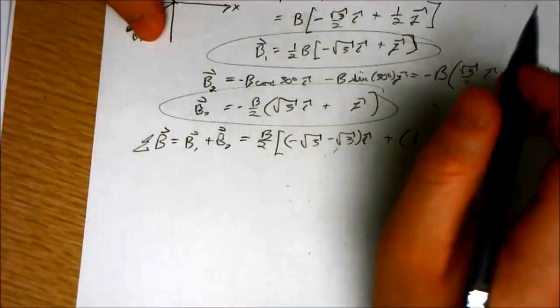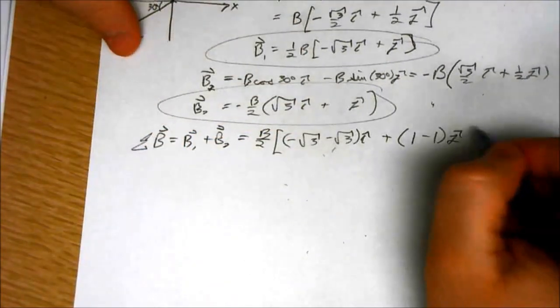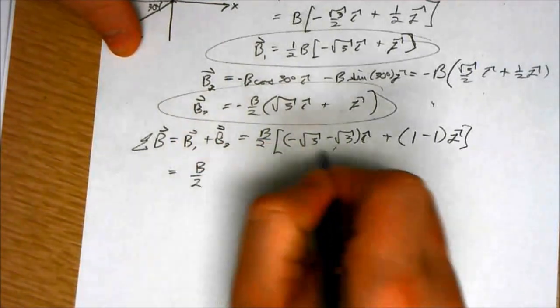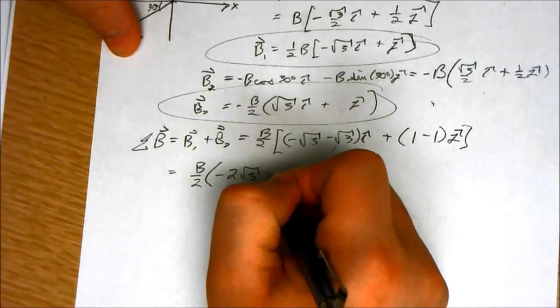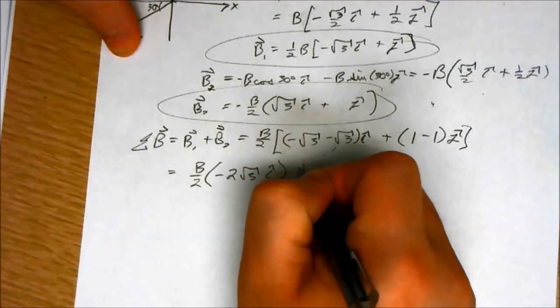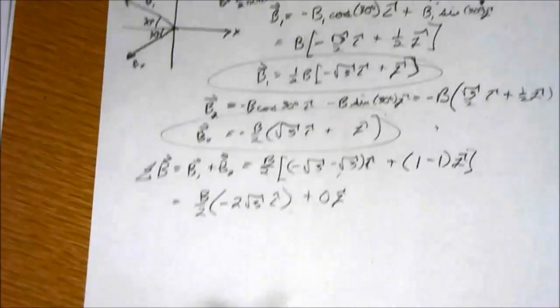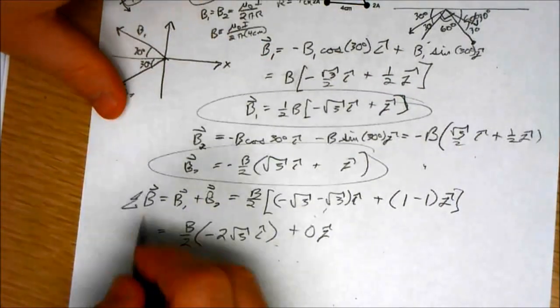Oh, I'm sorry. I said this would equal 0. It's not going to equal 0 because they're adding together. My fault. So that's B over 2 times negative 2 square root of 3 i hat plus 0 j hat. 1 minus 1 is 0. That makes sense because y components cancel, x components double.